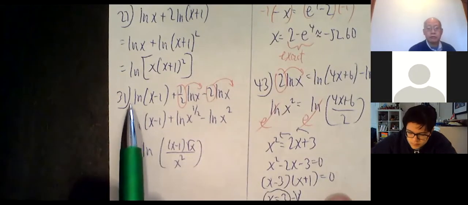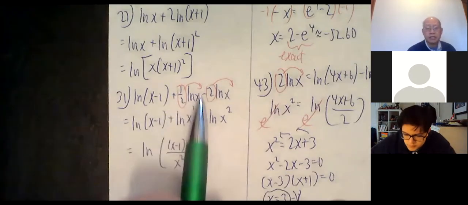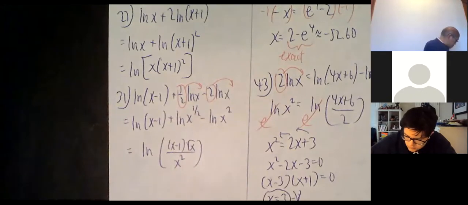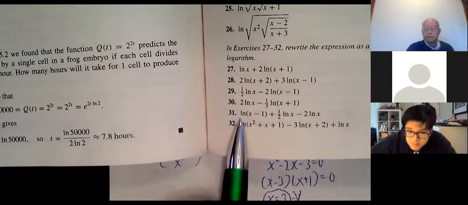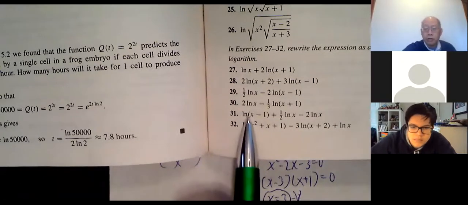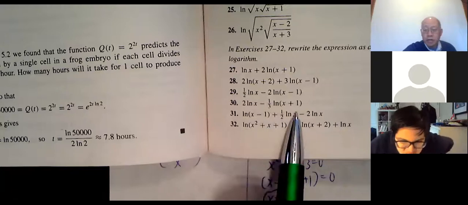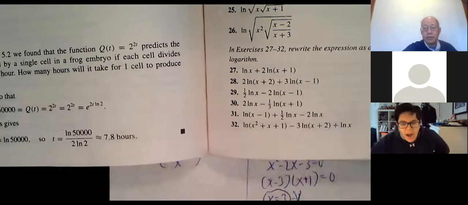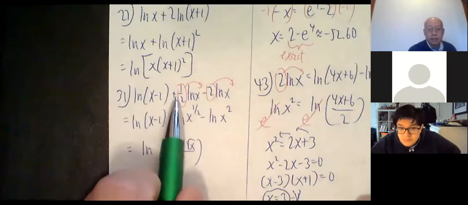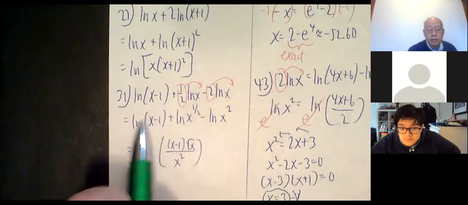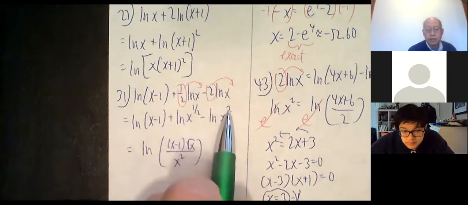Okay, 31. ln x minus 1/2 ln x minus 2 ln x. So all the coefficients climb back up. This doesn't have a coefficient. 1/2 climbs up to there. 2 climbs up to there. Like this. So leave that alone. x to the 1/2, x squared.